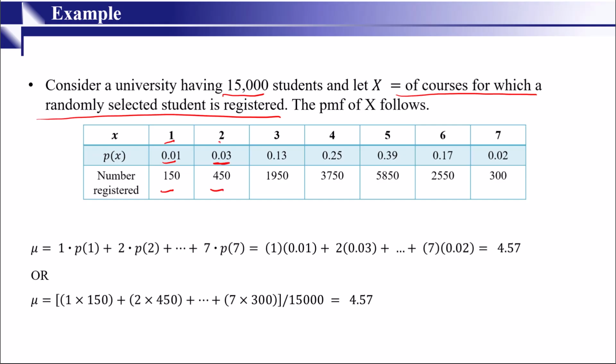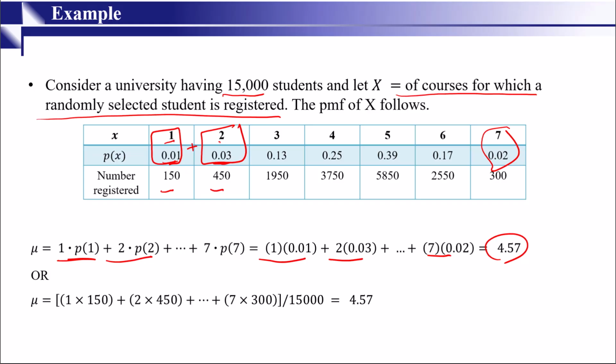So in order to calculate EX, very easy. 1 multiply probability of this one, plus 2 multiply P2, up to 7 multiply 7. So 1 multiply 1.01, 2, and up to here you get the same.